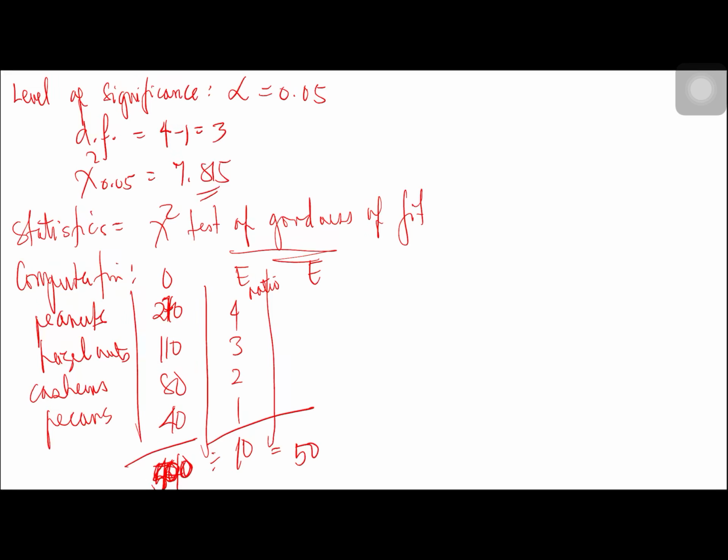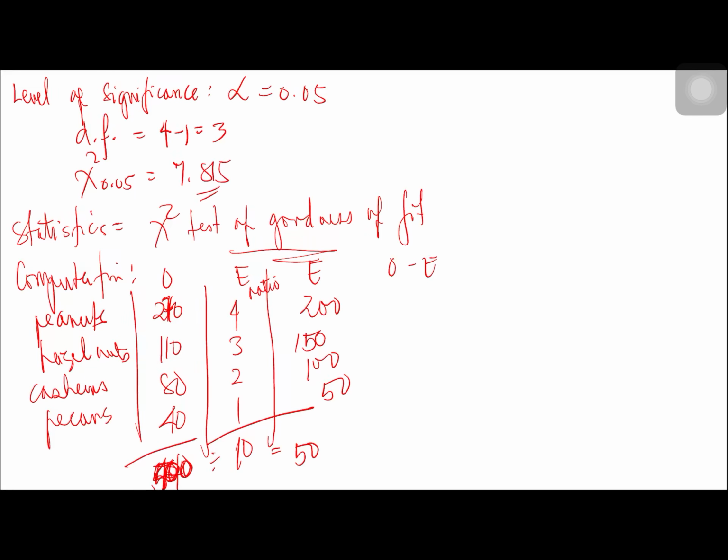So for the expected values, we have 50 times 4, we have 200. 50 times 3, we have 150. Then 50 times 2, we have 100. 50 times 1 is 50. Okay?